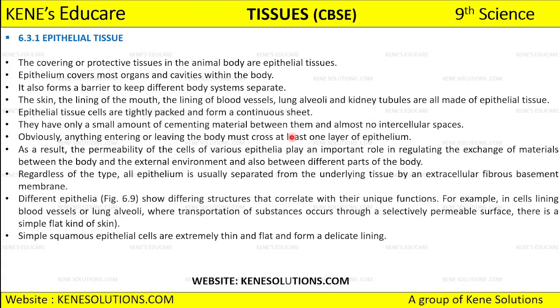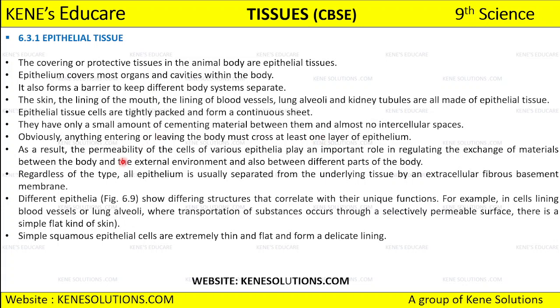So obviously anything which is entering or leaving the body, कोई भी चीज़ जब हमारे बॉडी में एंटर कर रही है और when it is leaving the body, it should cross at least one layer of epithelium. कितने layers? It should cross one layer of epithelium, then only it can enter our body and leave our body properly.